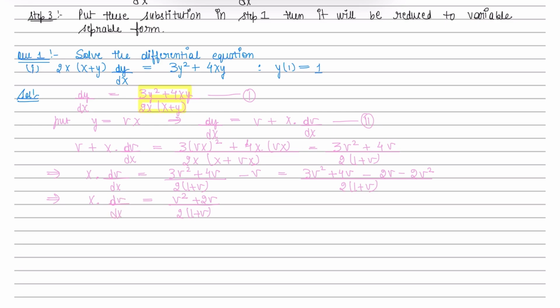And we can see that this equation has been reduced to variable separable form, which is quite easy to solve. 2 times 1 plus v divided by v square plus 2v into dv is equal to dx by x.